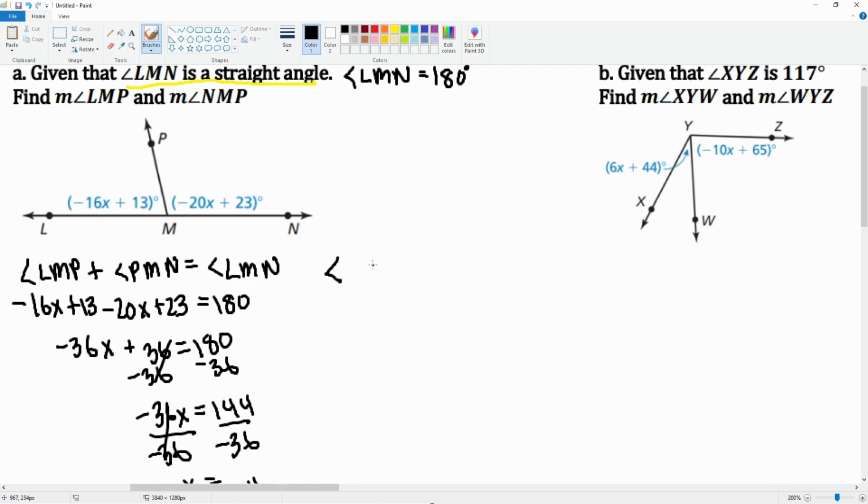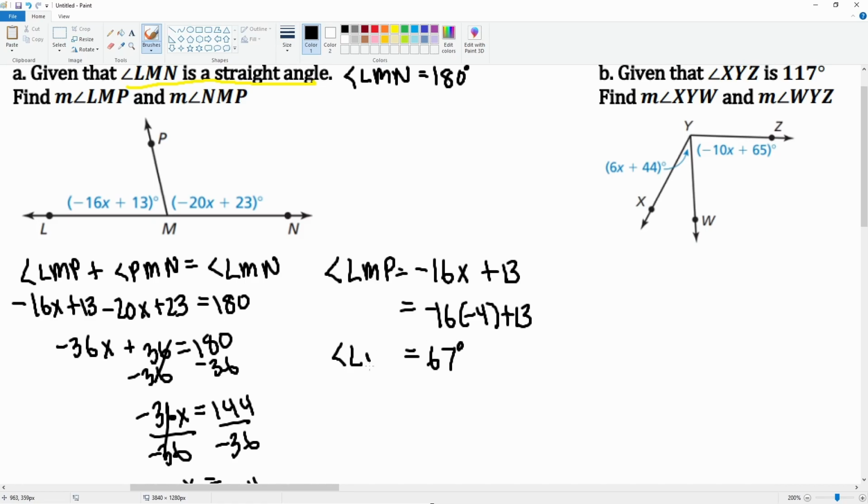So angle LMP is equal to negative 16x plus 13. Let's plug it in for x. We know that x was negative 4. So it is negative 16 times negative 4 plus 3. That gets you 67 degrees for angle LMP. Then let's find angle PMN, which is negative 20x plus 23.